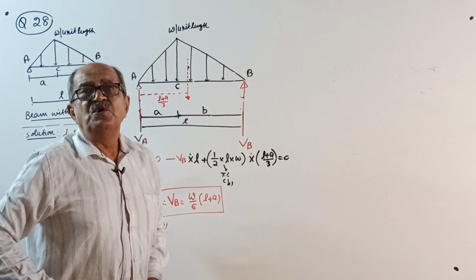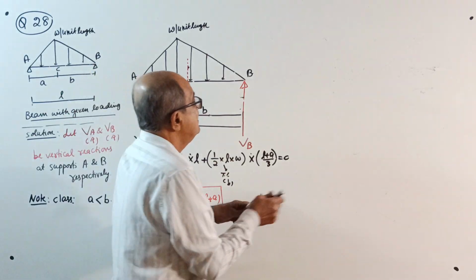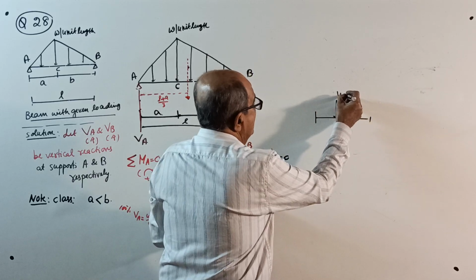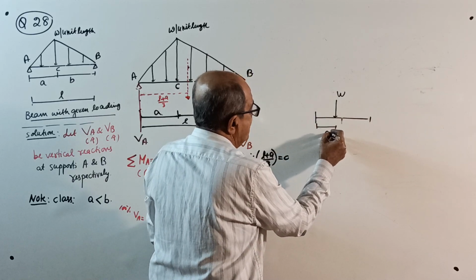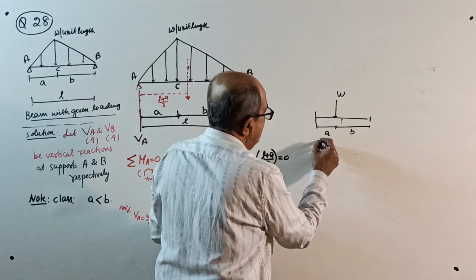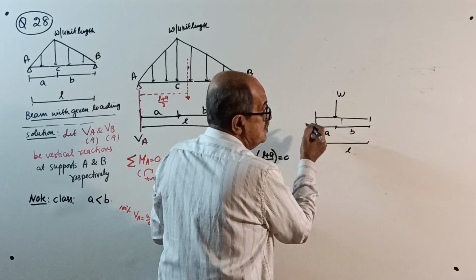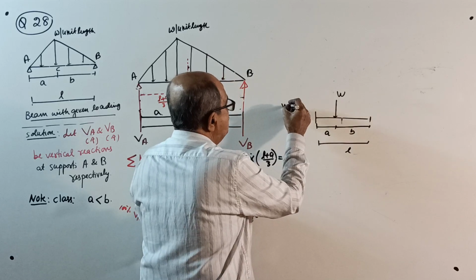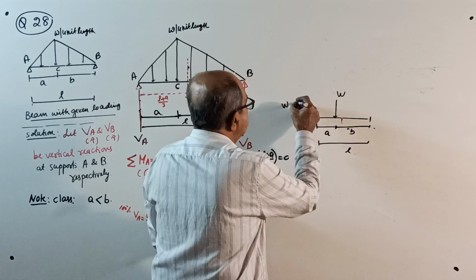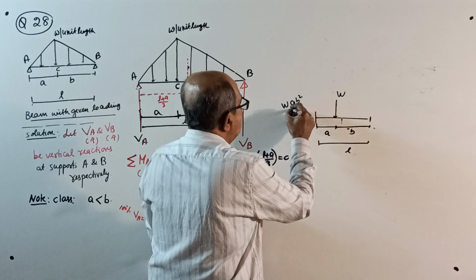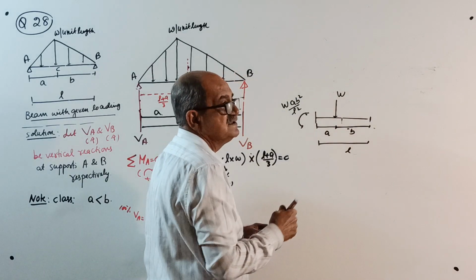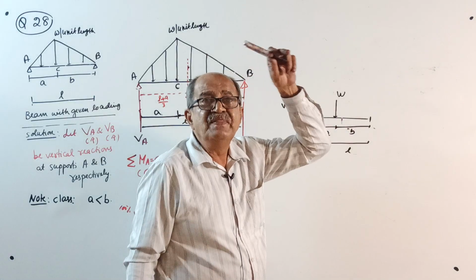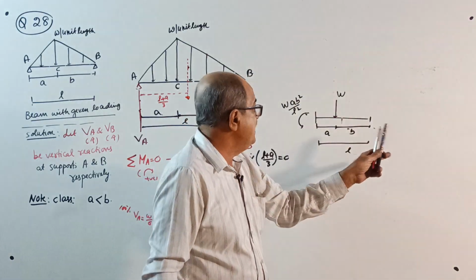Like, when you do fixed end moment, if you remember, I will tell you just to understand. If a load W is here, if the distance is A from here, if this is B, if this is L, those who are not knowing, don't worry. This moment is W into A into B square by L square. I will tell the students, load into this distance into the other distance square by L square.